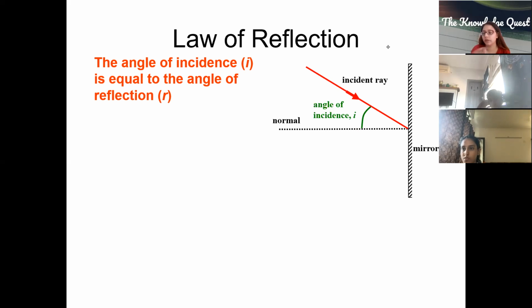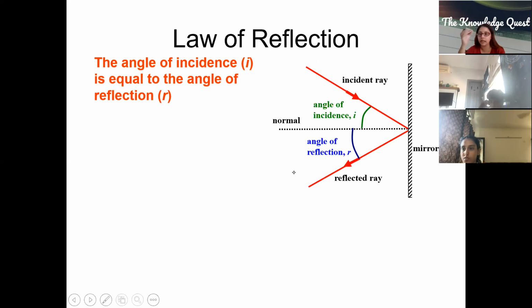So you figure out the incident ray, you find the angle from the normal to the incident ray, and then that light will fall on the mirror and be reflected. It will bounce back. Again, it will form an angle with the normal, and that will be called the angle of reflection.